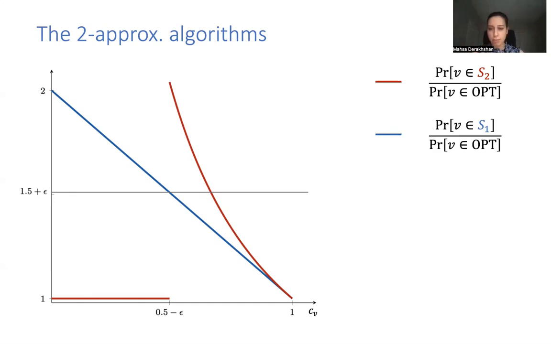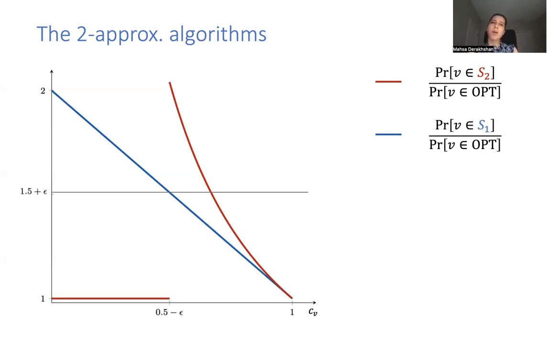You can pause and verify that. Okay. What does this mean? If the vertices were allowed to pick which one of these algorithms to run for them, which clearly is not possible, you would get a 1.5 approximation, right?